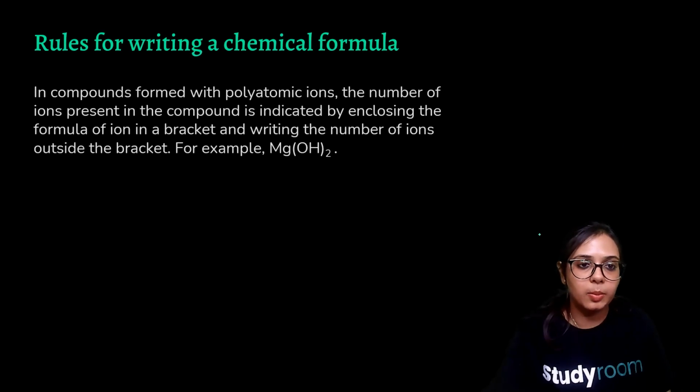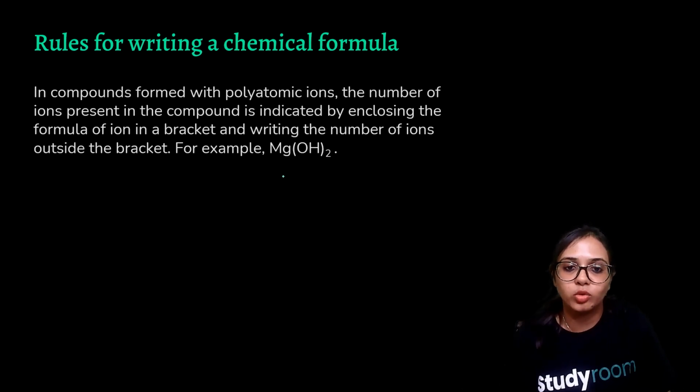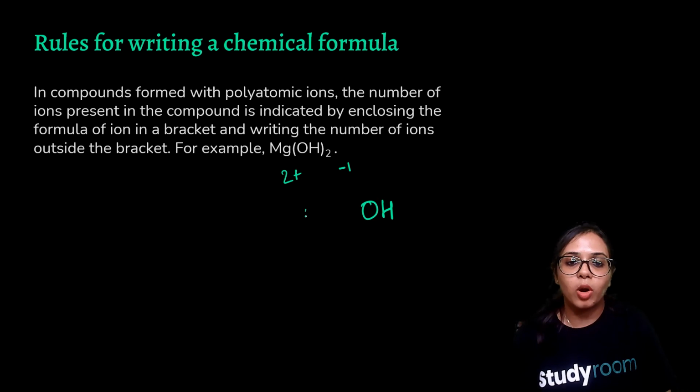Rules for writing chemical formula. Further, we see that in compounds formed with polyatomic ions, the number of ions present in the compound is indicated by enclosing the formula of the ion in a bracket and writing the number of ions outside the bracket. So when magnesium hydroxide is formed, since magnesium has a +2 charge and hydroxide has a valency of 1, 2 atoms of hydroxide come together to form a compound with 1 atom of magnesium.